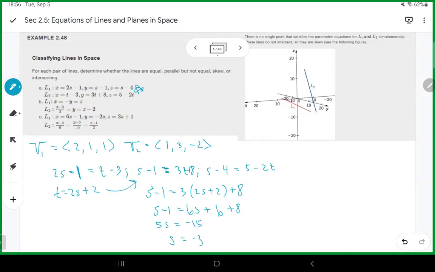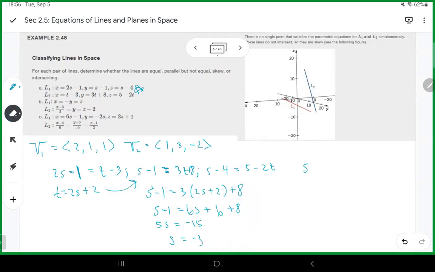And then if we shove that into the third equation, we then would get, so we don't want to shove that into the third equation.